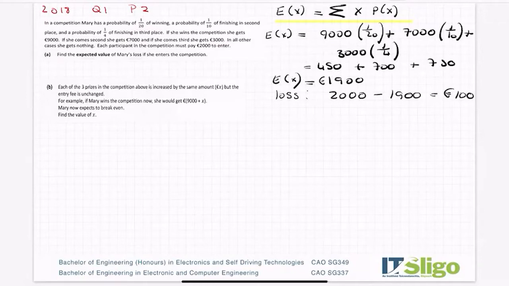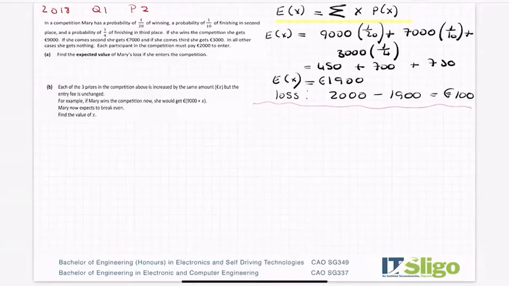Then part B. Each of the 3 prizes in the competition above is increased by the same amount, X, but the entry fee is unchanged. For example, if Mary wins the competition now, she would get not the 9,000 up here, but 9,000 plus X. Mary now expects to break even. So whoever's hosting this competition wants to make it be, maybe it's a not for profit, so they want you to have break even.